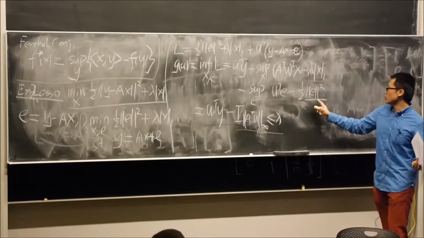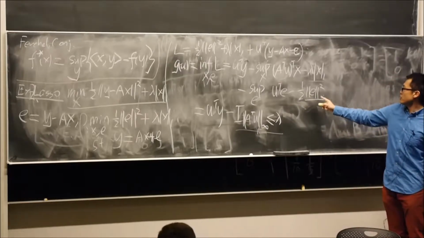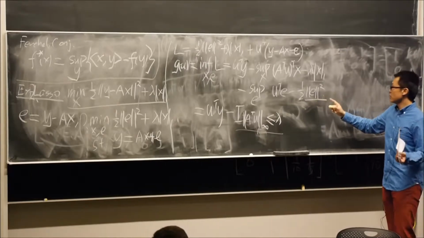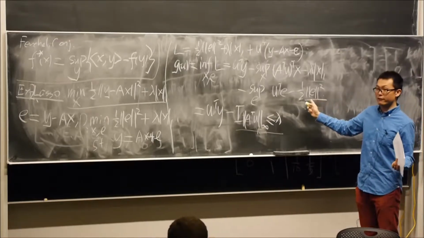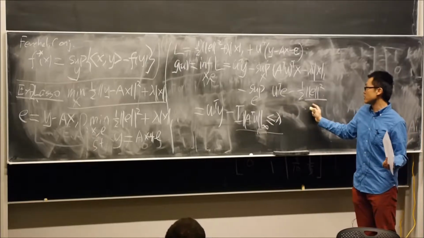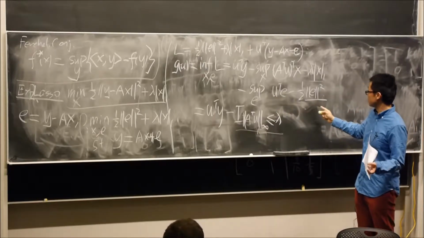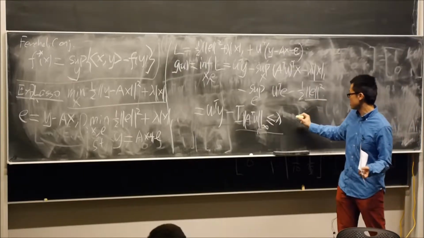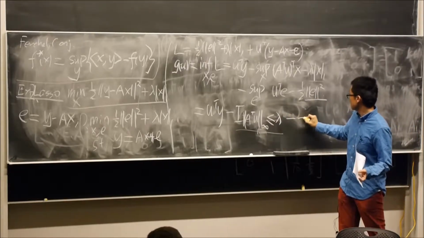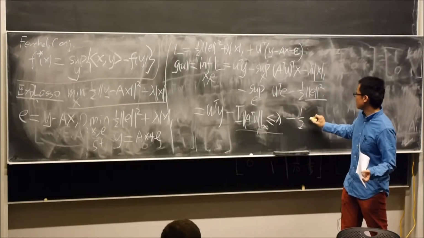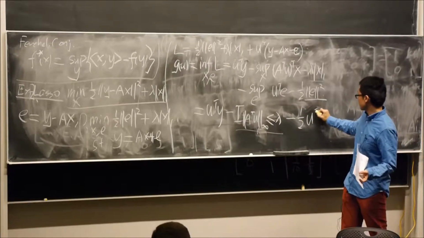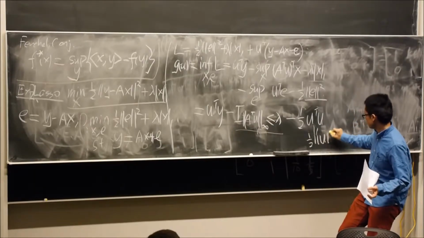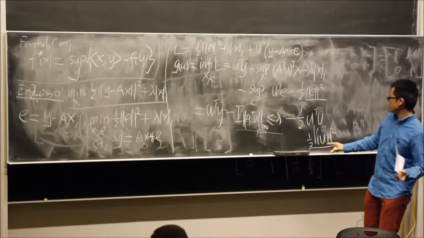And what is the other term? We know that the dual of this function is simply itself. We can very easily verify this by taking the derivative and computing the sup, but it's also useful to just remember this. So it becomes minus half u transpose u, and this simply equals this.